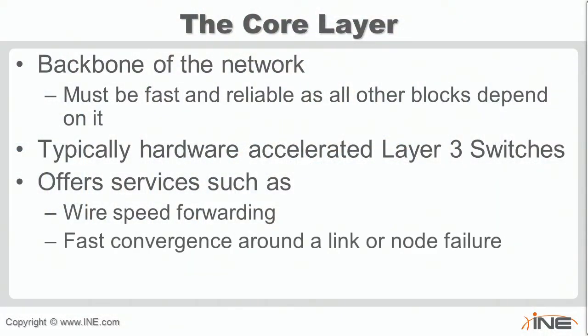Also, a big key behind this is that if a failure happens of a physical link or a physical node, like another switch or another router, we want to try to reconverge around this as fast as possible, or basically reheal the network.